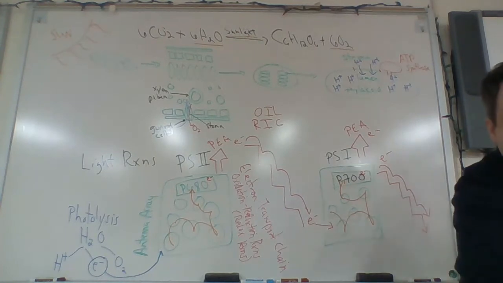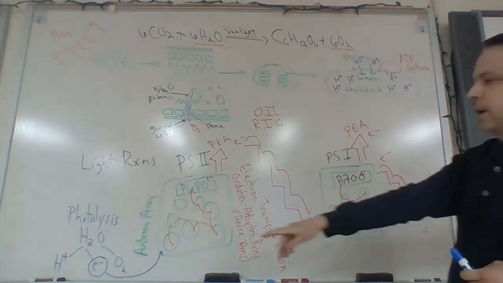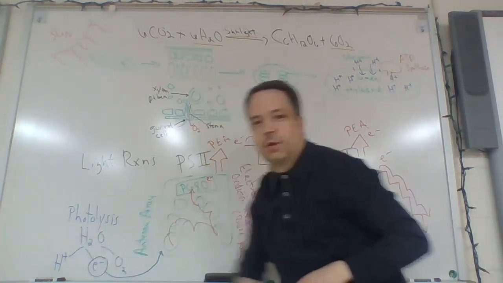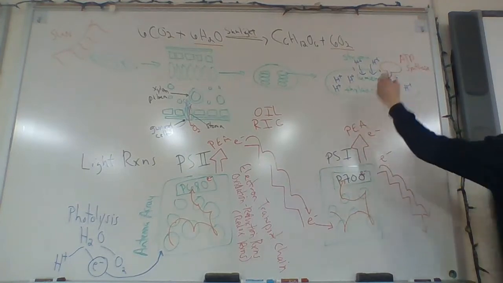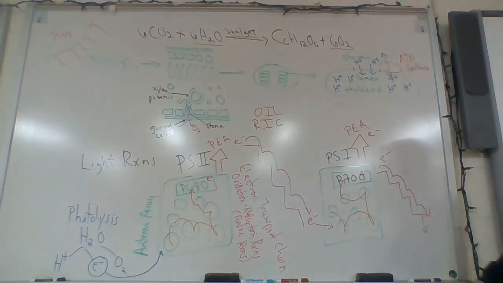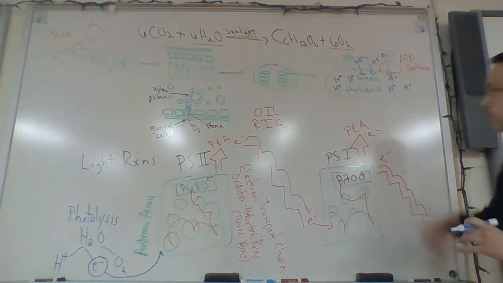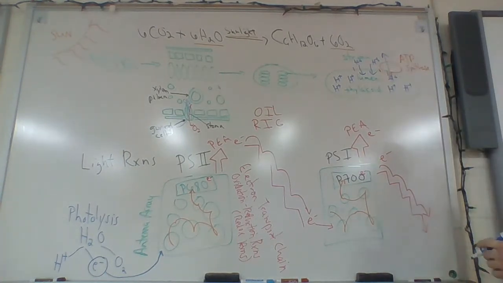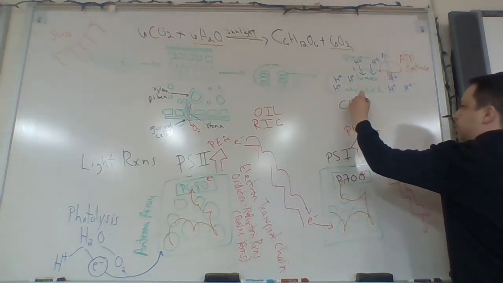Hydrogen ions that have been pulled from the stroma into the lumen, along with the hydrogen ions that are generated from photolysis, are all building up in the lumen, and they will eventually pass through ATP synthase. The passing through of these hydrogen ions through ATP synthase has its own name. It's called chemiosmosis.